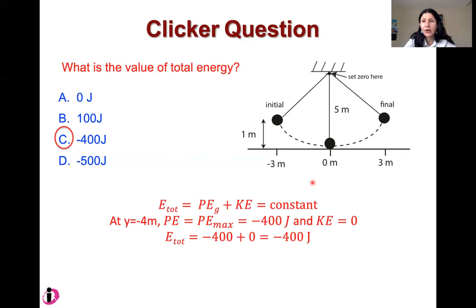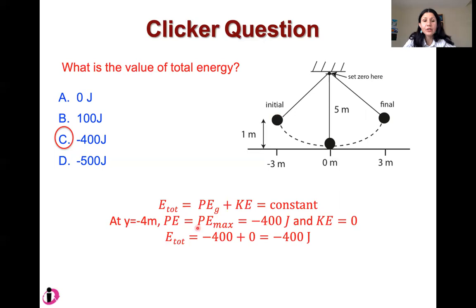So why is that? Okay, so what's an easy location? Well, you might have thought, okay, let's choose this point. But then here, the ball is moving. So there's potential energy, and then you would have to think about what the kinetic energy is. So it's not necessarily the best choice. What about up here? The total energy is potential plus kinetic. Up here, kinetic energy is 0.